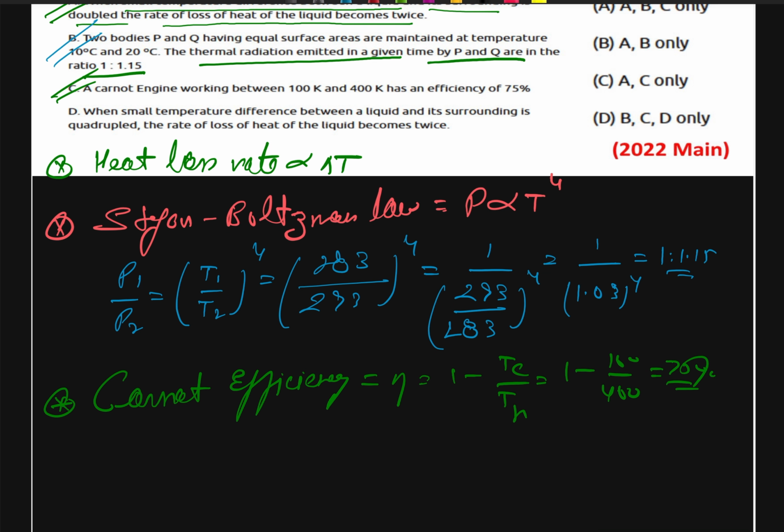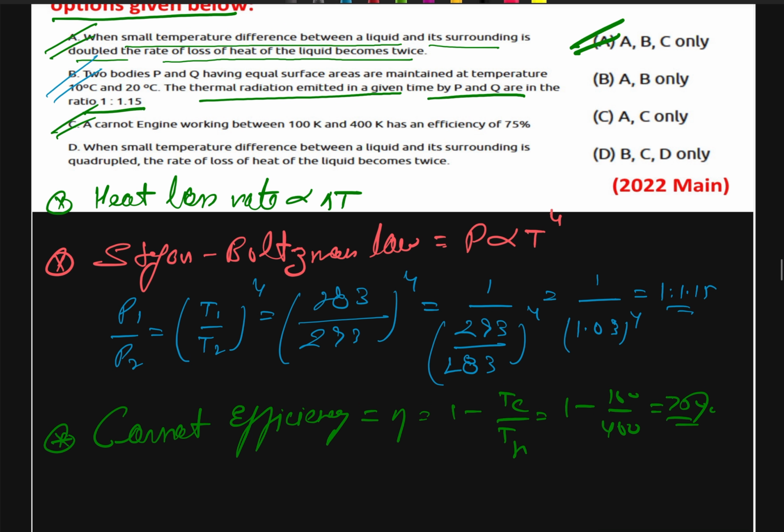And D, from the options we can clearly see that option A is the correct one, but still we can go at D. When the small temperature difference between a liquid and surrounding is quadrupled, the heat loss is, okay, so this is entirely opposite, the D option is incorrect, because the heat loss will be 4 times, not twice.